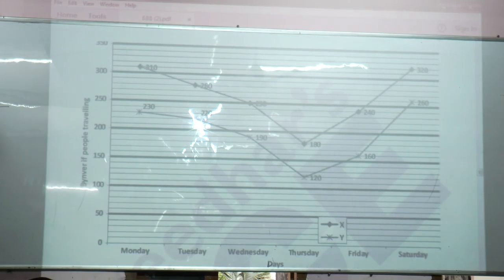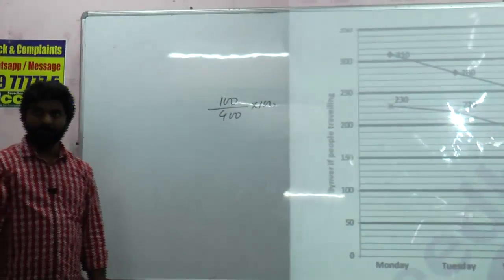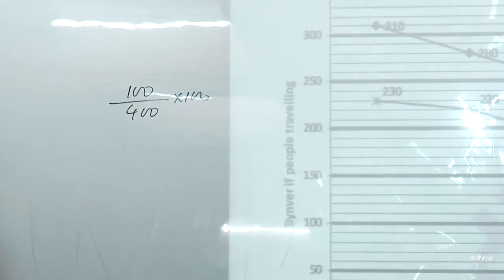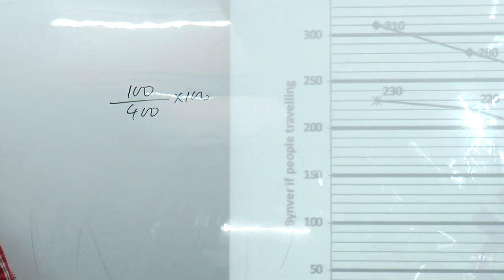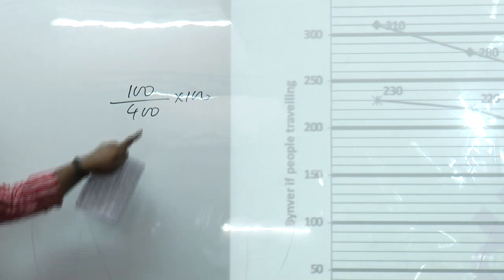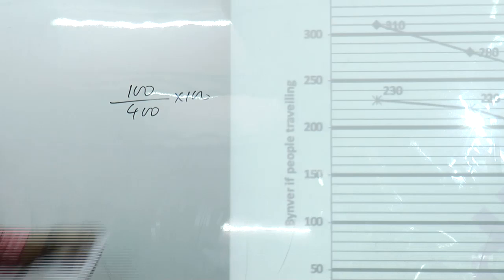So 500 is 100 more, that of 400 into 100, straight forward 1/4, 25%. Done. Right. On Friday it is how much percent less than Tuesday? 20%. 400 is 100 less, that of 500. 100 by 500, 1/5 is 20%.